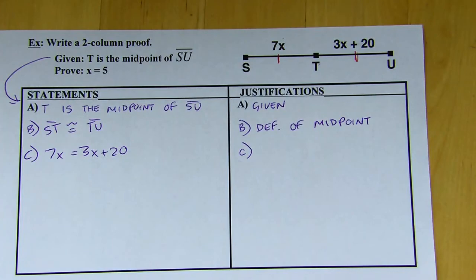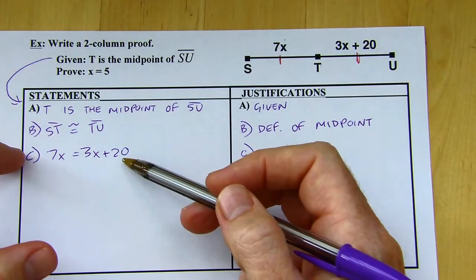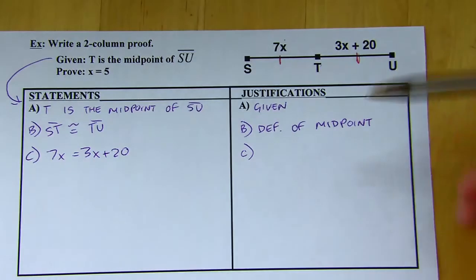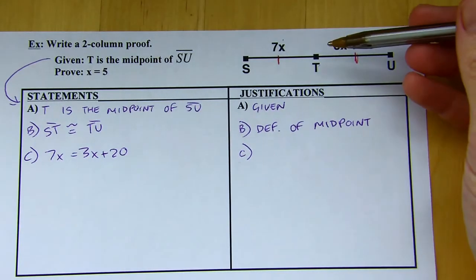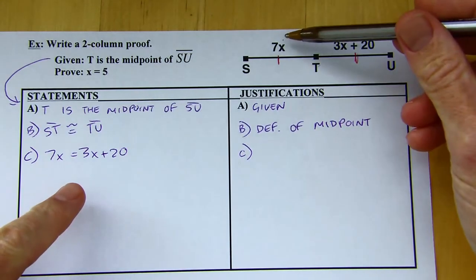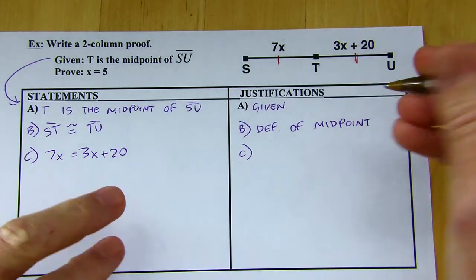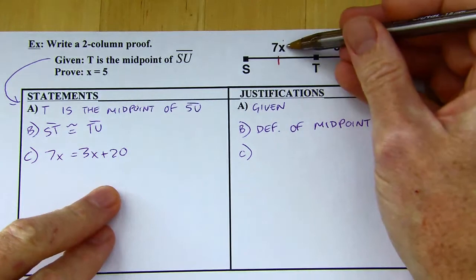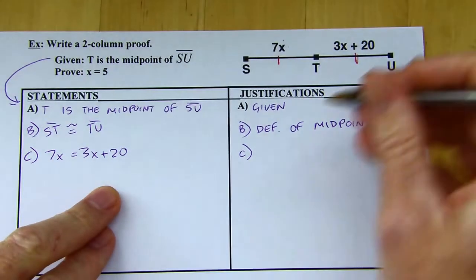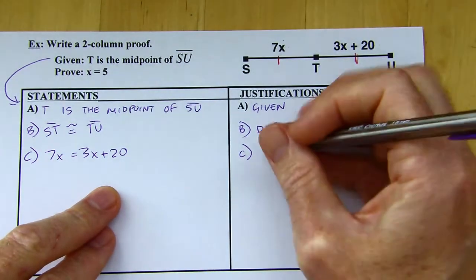So it's not the worst crime if you do that, but technically we should start with this, then substitute in the expressions. I substituted in the expression for the name of the segment. So I used the substitution property: substituted 7x in for ST and 3x plus 20 in for TU.